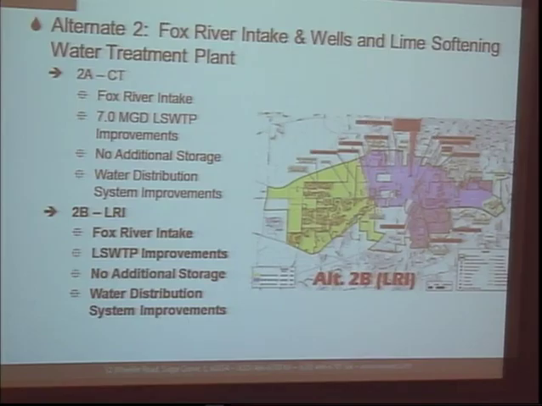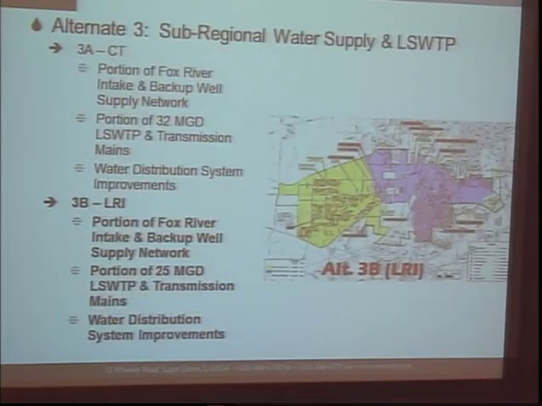Therefore, the plant would need to be upsized to 7. But for the LRI, if you can keep those peak demands down, you actually don't have to expand the plant. Now, some improvements will be needed at the plant to be able to treat for the long haul, but you wouldn't actually have to expand it. No additional storage in this case, and then the water distribution improvements to go along with it.